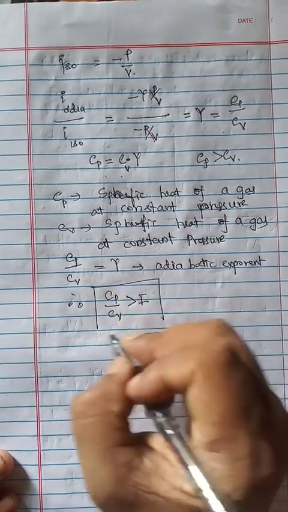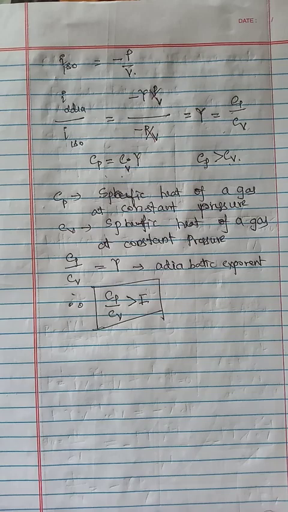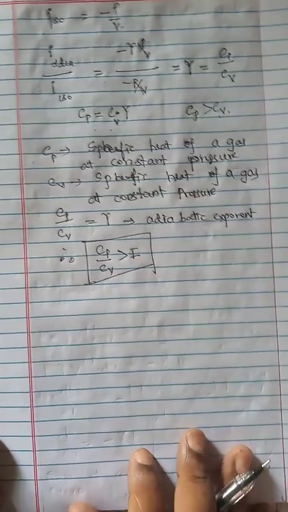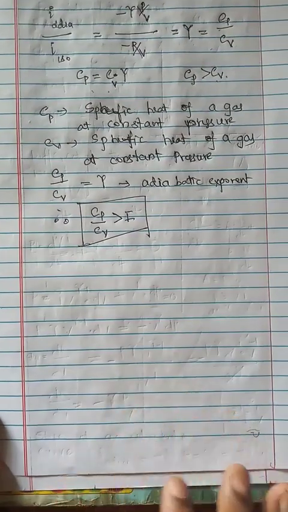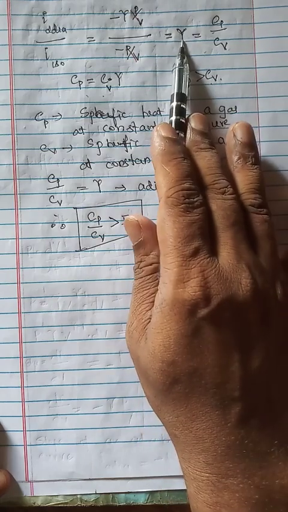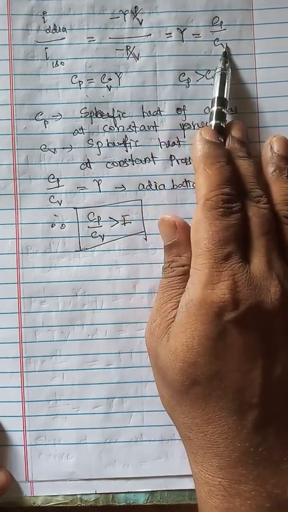One of the conclusions from the adiabatic curve is the slope of an adiabatic curve and the slope of an isothermal curve. This is one of the very, very significant relations, children, in thermodynamics, because it will give the idea how to calculate the value of gamma, that is CP by CV.